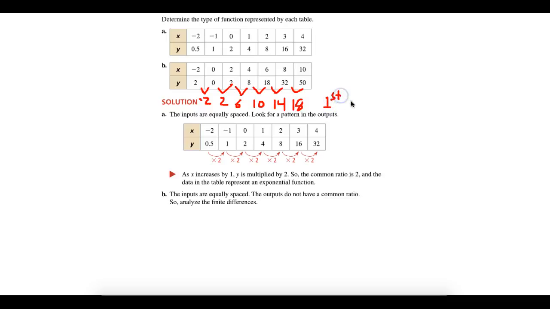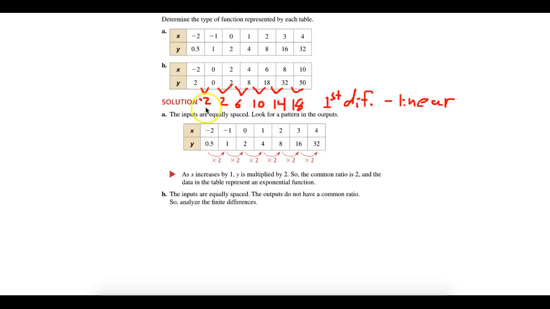If our first difference was constant, just a constant number, then we'd have a linear function. So your first difference tells you if it's linear or not. But this isn't constant, so we have to look at our next difference, which is called our second difference.